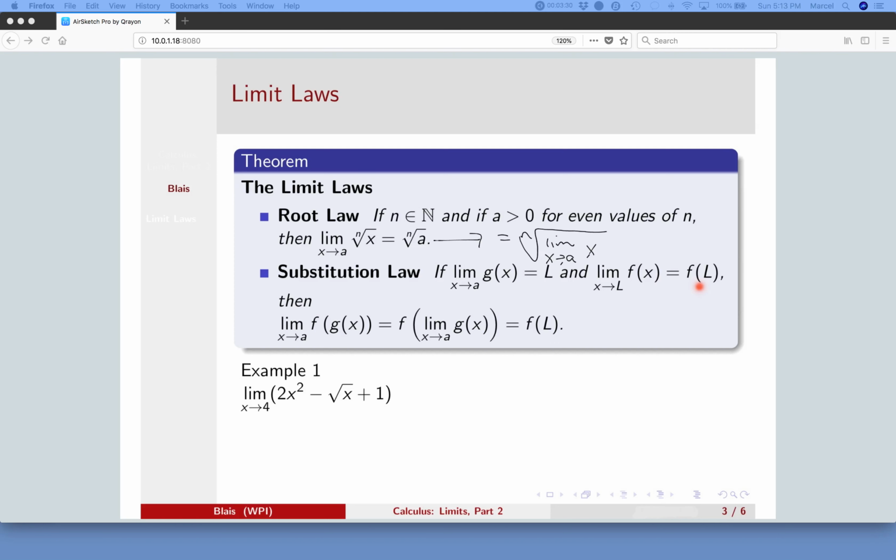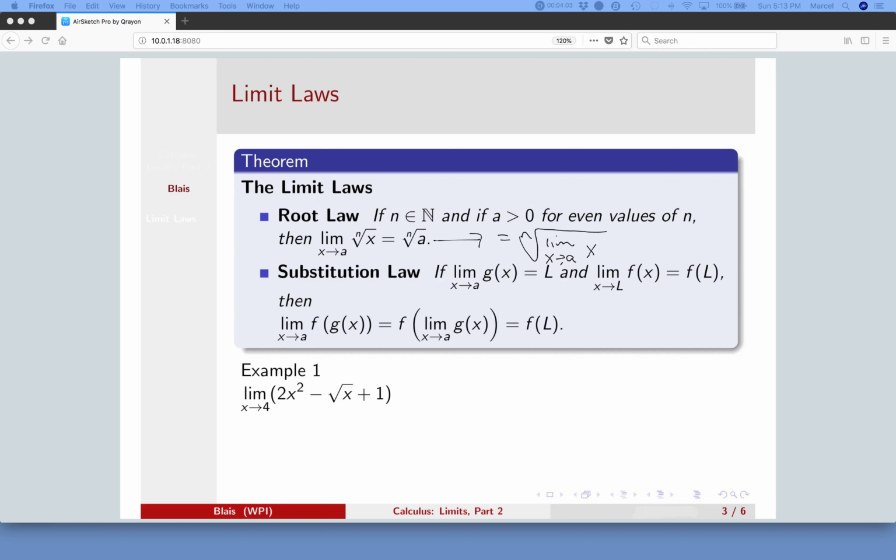More generally, we have this substitution law, which basically says if everything is lined up, think of g as the inner function. If that function, as x goes to a, is approaching L, so out here in this composition the inner part is approaching L, but then the limit of f as the inner part goes to L will be f of L. So think of it this way.